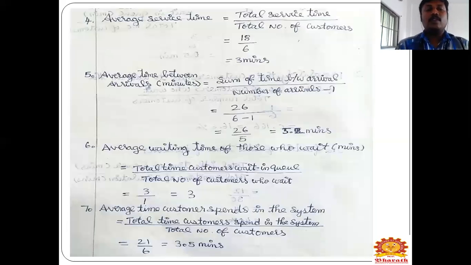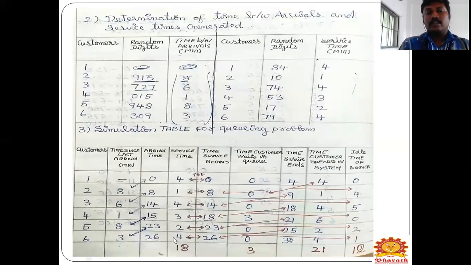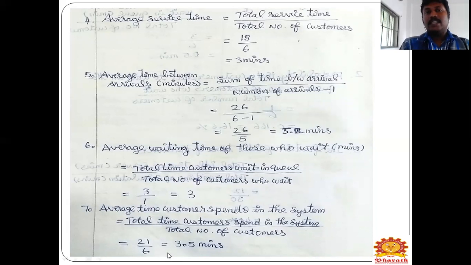Next is the average service time, which is the total service time divided by the total number of customers. The total number of customers is 6, and the total service time is 18, so 18 by 6 is 3 minutes.